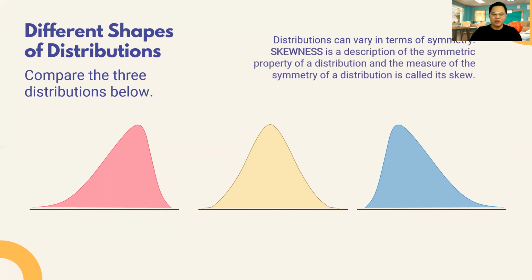And we have to identify what exactly we mean by that, and how we talk about symmetry when we consider density curves. Now, the idea of symmetry in density curves is what we call skewness. So skewness is a description of the symmetric property of a distribution, and aside from being a description of symmetry, we can actually compute for it, and we call the measurement of skewness its skew.